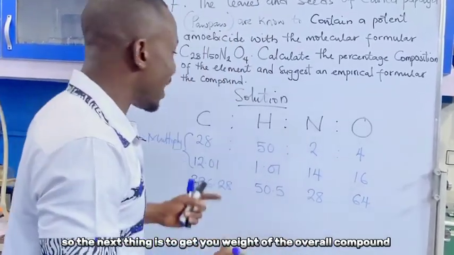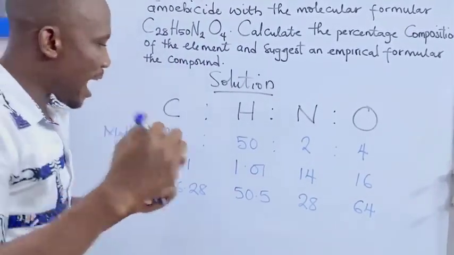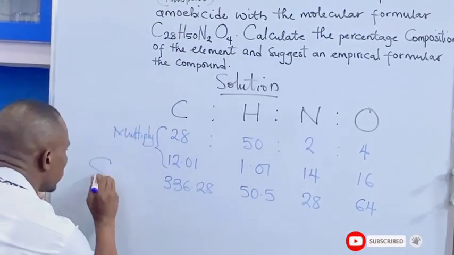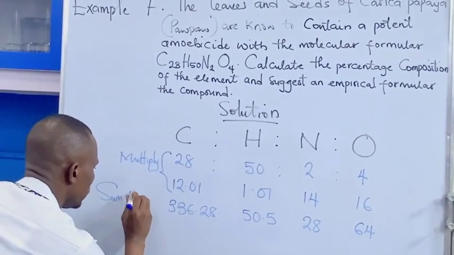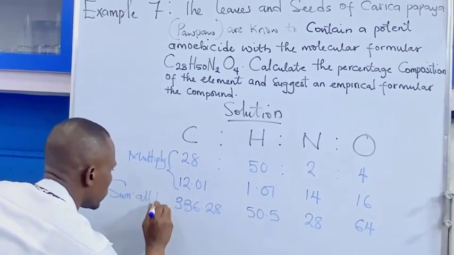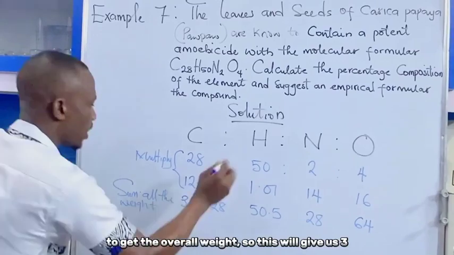So, the next thing is to get the weight of the overall compound. In arriving at the weight of the overall compound, you sum all the weights to get the overall weight.